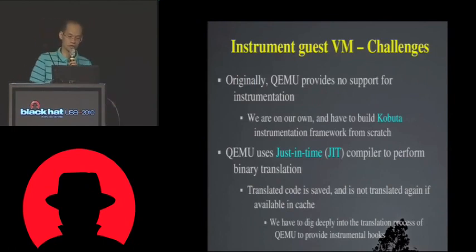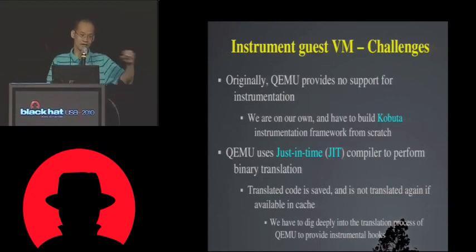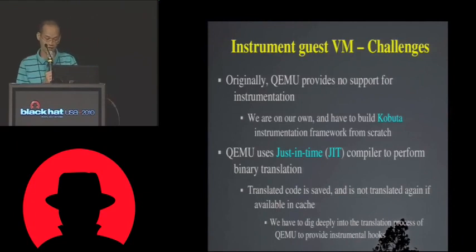So when building the instrumentation framework Kubota, we had many challenges. First, originally QEMU doesn't provide any support for instrumentation, so we were on our own. We had to build the Kubota framework from scratch. The second problem is that it's not like Bochs, which is very easy to understand: it translates every instruction and then runs it immediately. But QEMU has a just-in-time compiler engine inside, and it uses this compiler to perform binary translation.